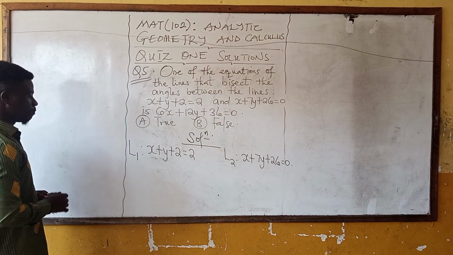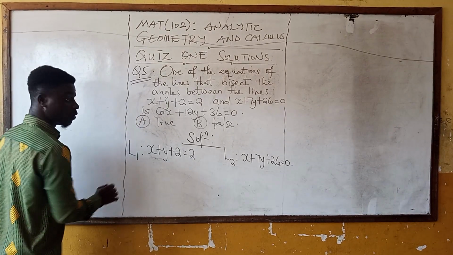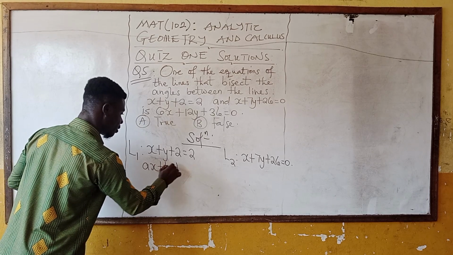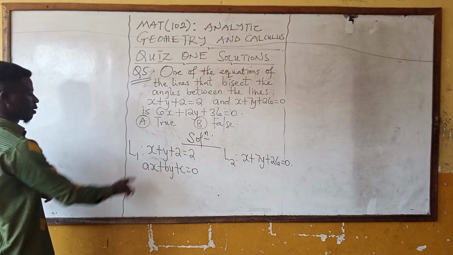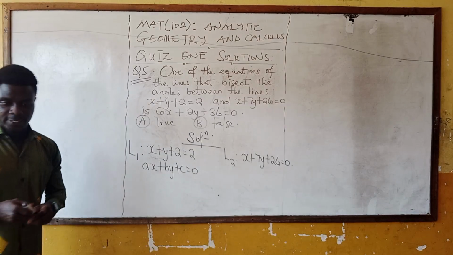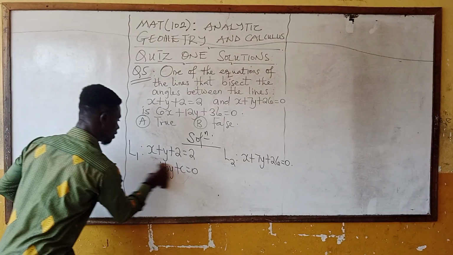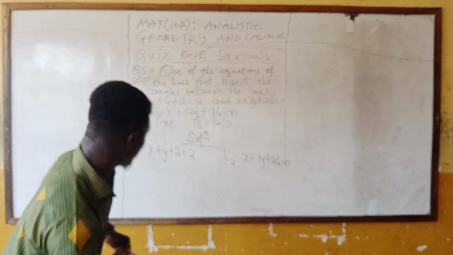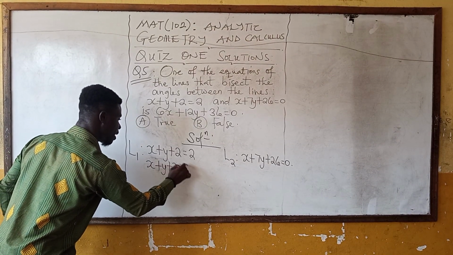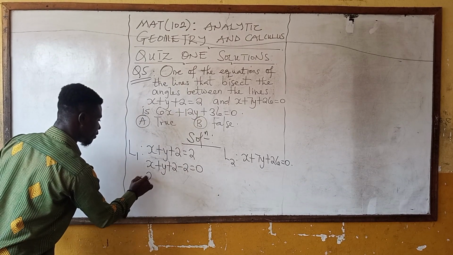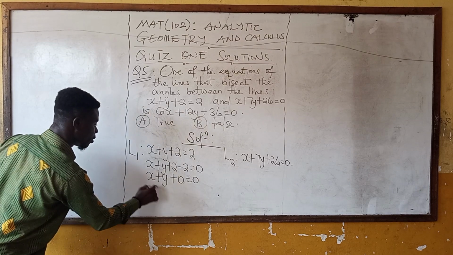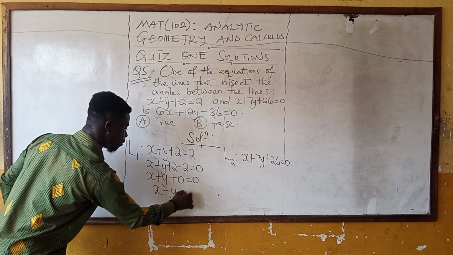Right. So let's compare with the general equation ax plus by plus c equals 0. Let's rearrange L1 first. We get x plus y plus 2 minus 2 equals 0, then x plus y plus 0 equals 0, which is x plus y equals 0.